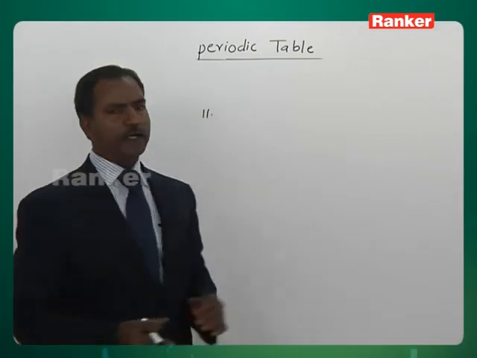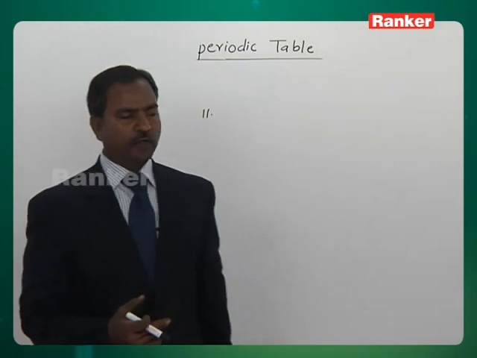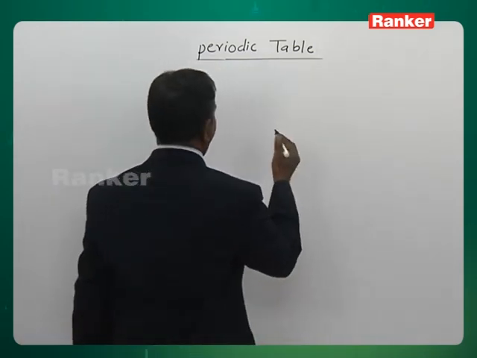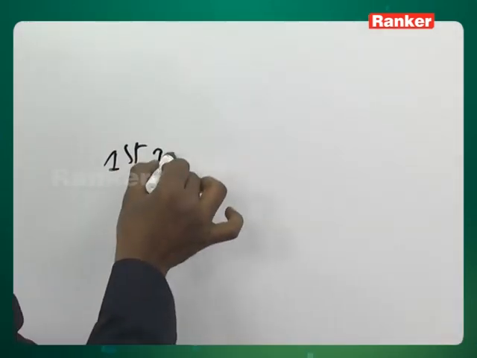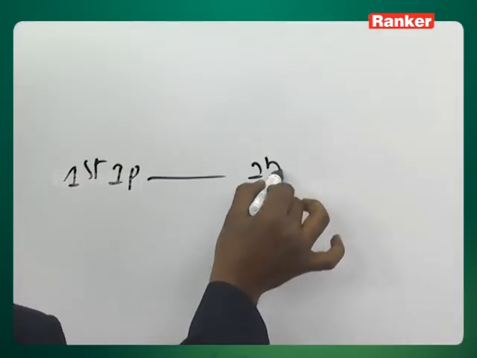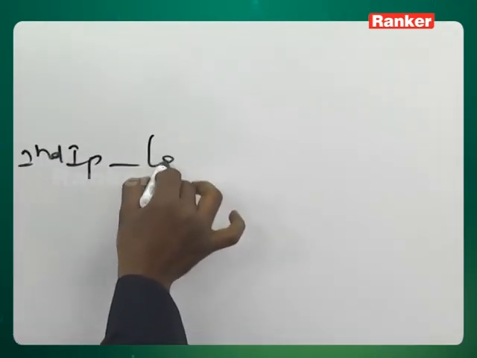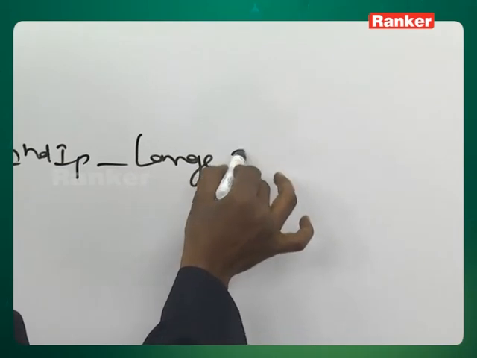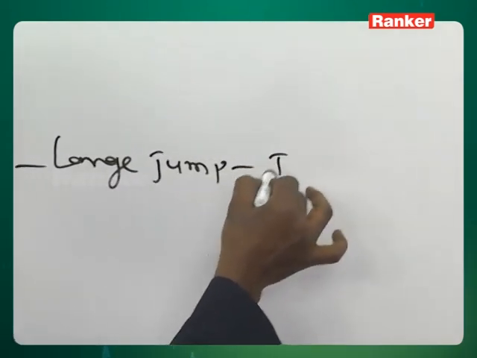See students, question number 11. Four ionization energy values of an element are given. The number of valence electrons in the element is. See, this is very important. Whenever IP values you talk about, first IP to second IP, suppose a large jump or difference is there, that will belong to first A group.